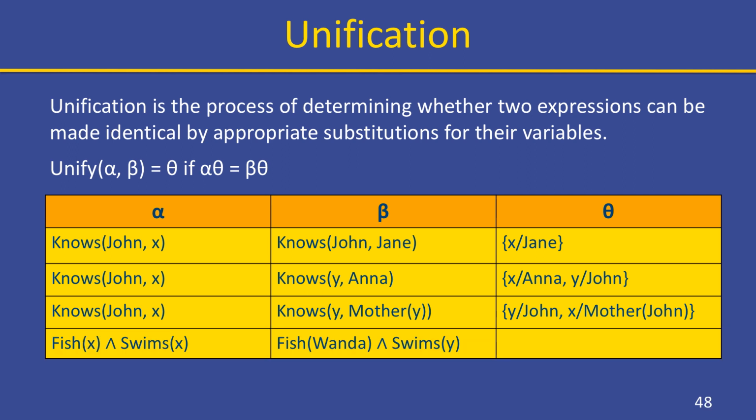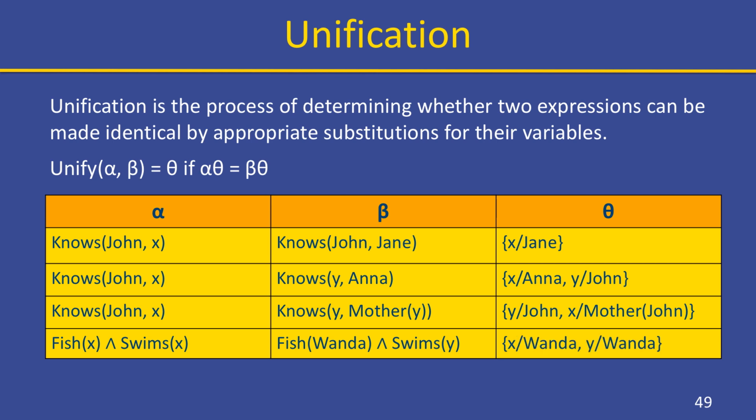How about this sentence? Fish X and swims X and fish Wanda and swims Y. So we can substitute X with Wanda, and we have our first expression, fish Wanda and swims Wanda. Now to make that identical to the second expression, we're going to have to substitute Y with Wanda as well.